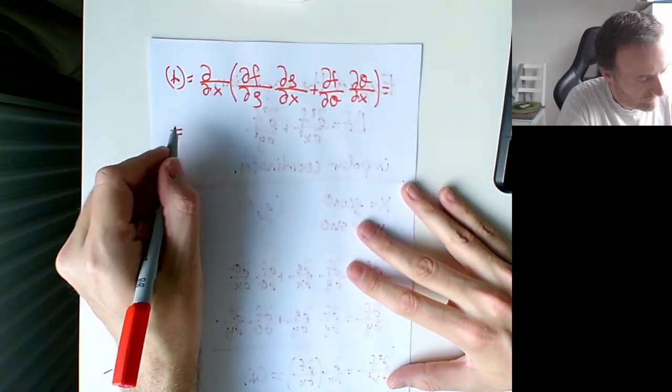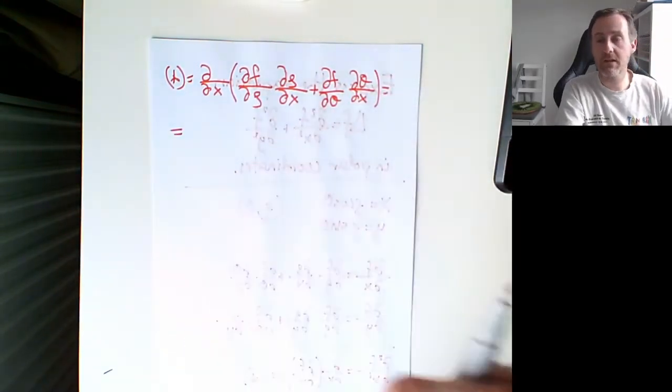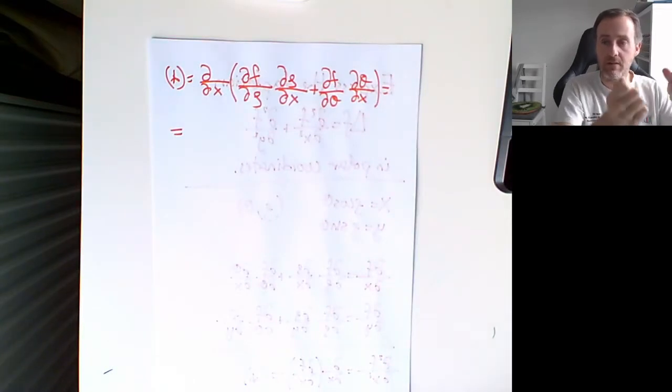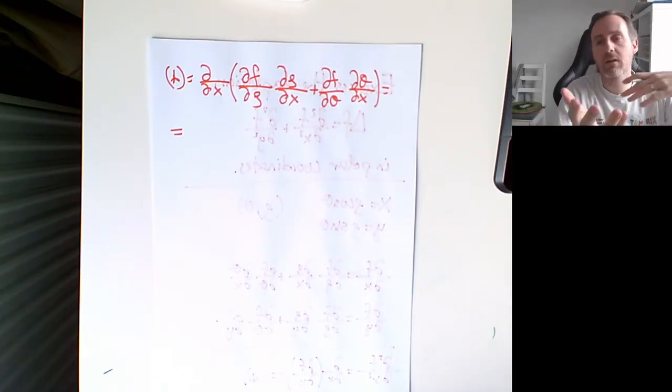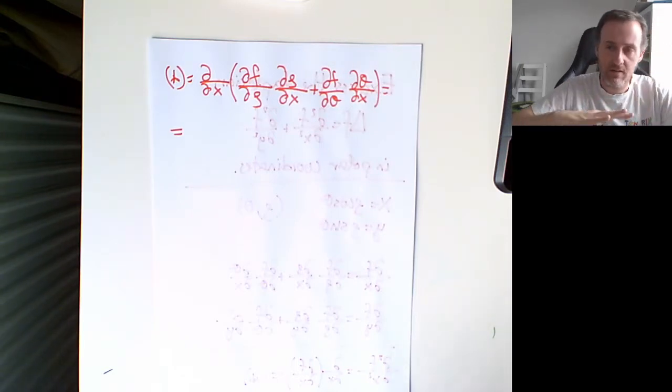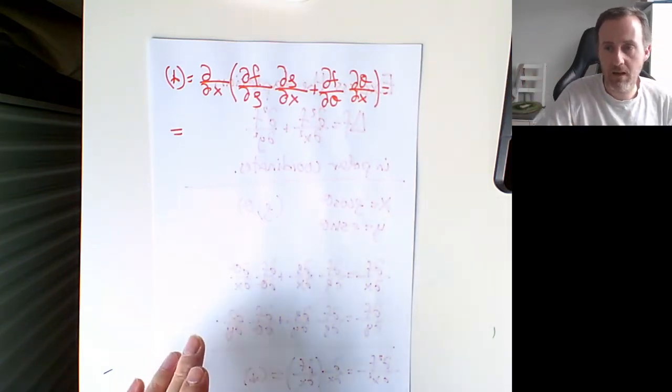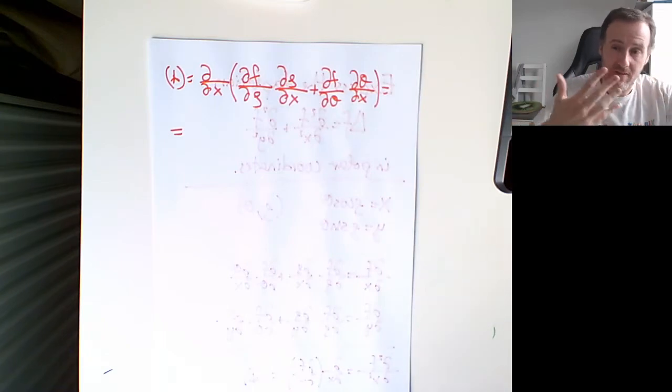And now, using that the partial derivative of the product is the partial derivative of the first times the second undifferentiated plus the first one times the partial derivative of the second.